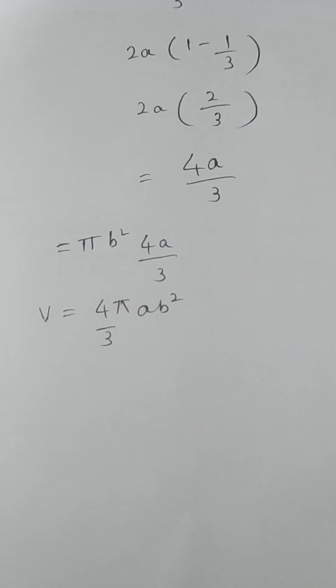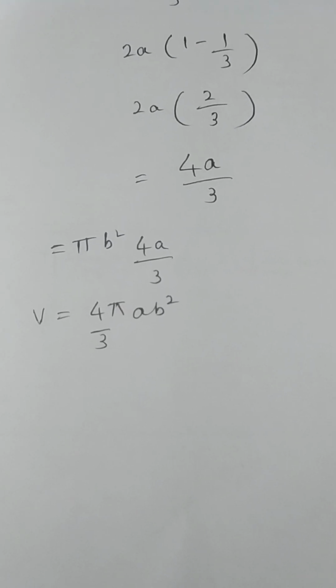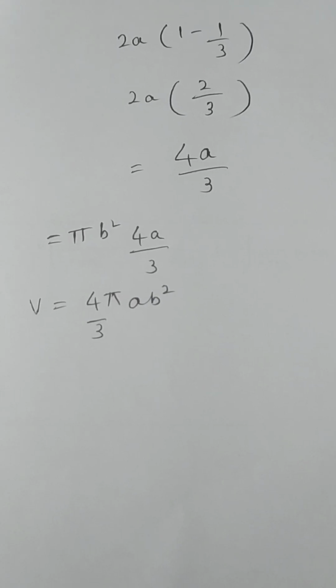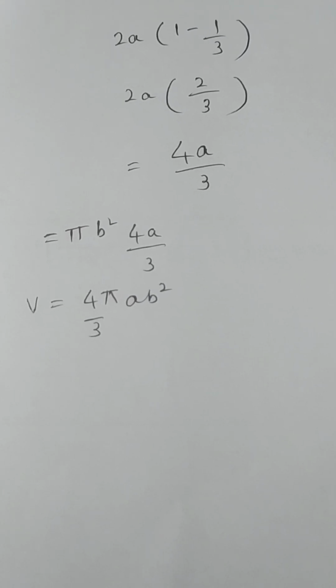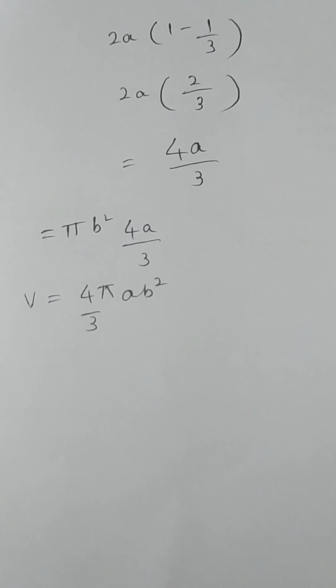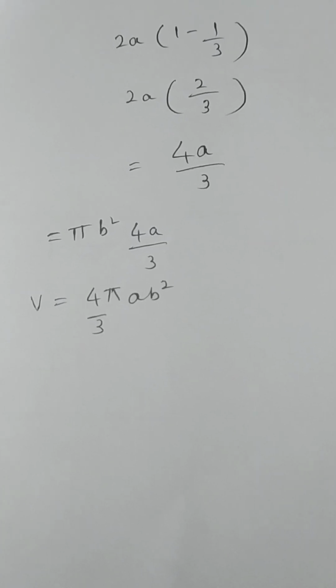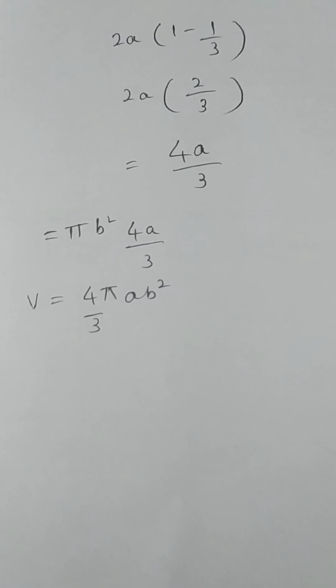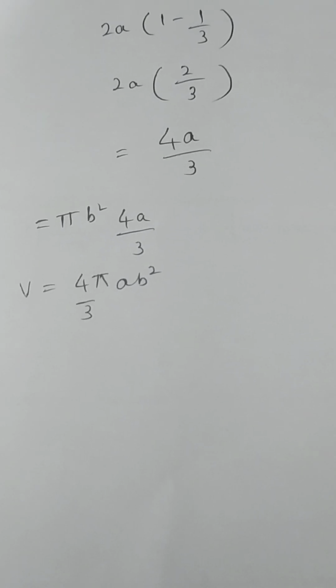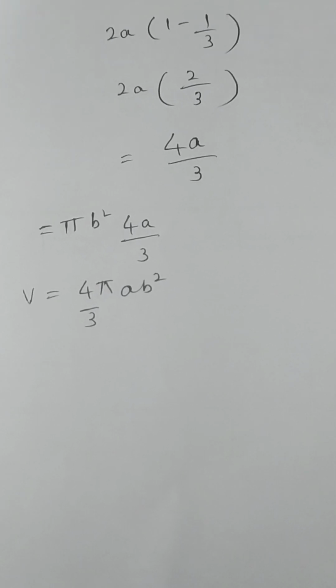Now to find the volume by revolving the ellipse about the x-axis, we first isolate y square from the standard equation of the ellipse.